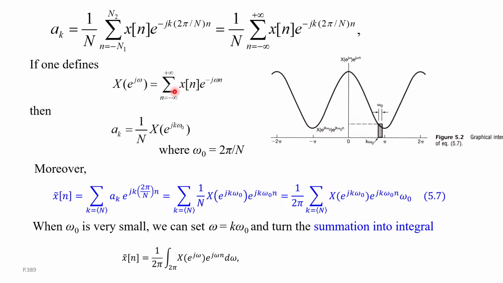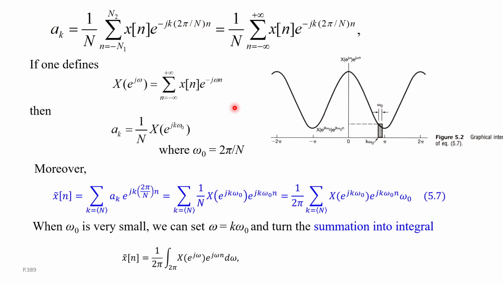Okay? Because you see those things are basically the same, except you have omega here and you have k 2 pi divided by N here. So a_k is just big X sampled at point k omega naught.